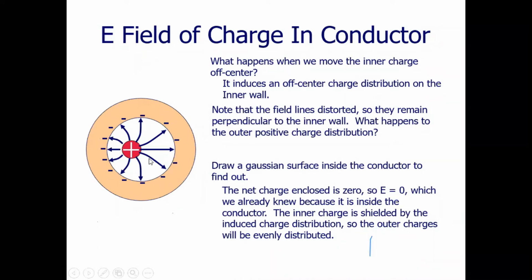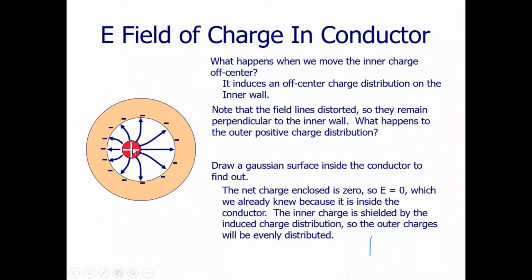Within this conductor, by virtue of us placing a positive charge there, these negative charges have been induced in the inner surface of the shell. So it is these electrons that are shielding the electric field of this positive charge.